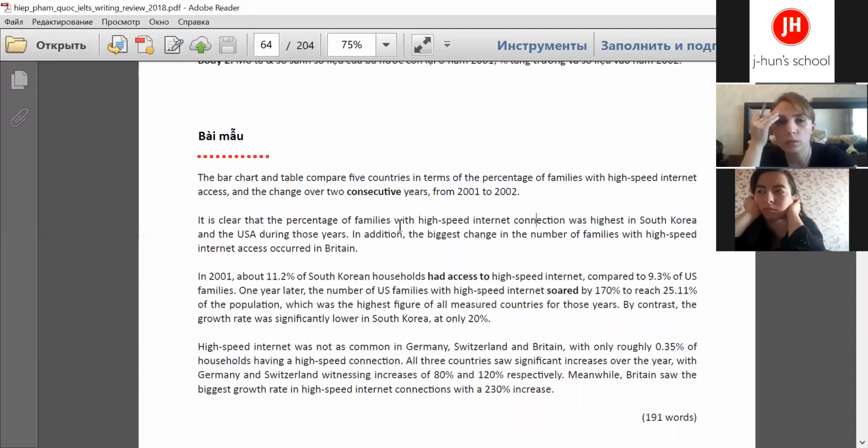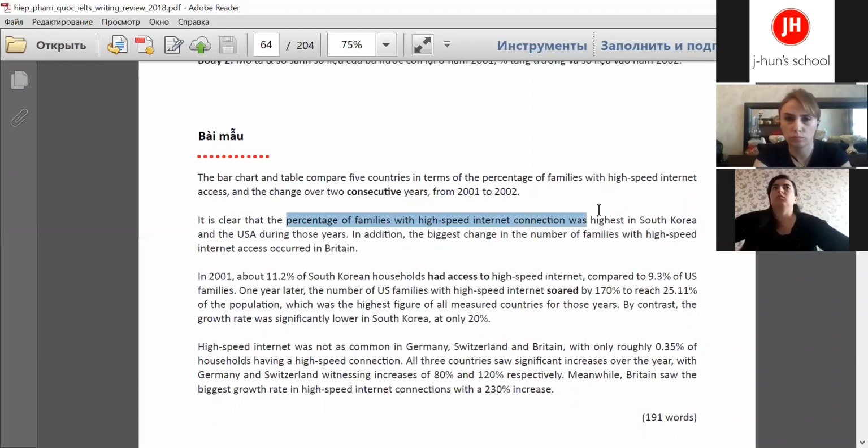Thank you. But what I don't like, or maybe I like, but it's a bit risky, because percentage of families is not as given in the bar graph. So I wouldn't write percentage, because no one has given me percentage in the bar graph. Or maybe the examiner.